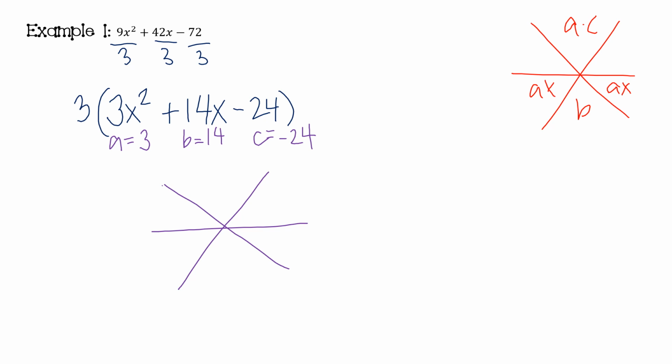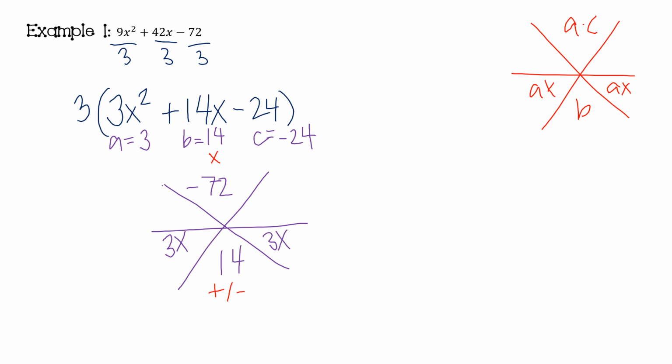For the top of the star, it would be 3 times negative 24, which is negative 72. B goes in the bottom, and then A times X goes underneath. So now it's what we've been practicing. Can we come up with two numbers that multiply to be negative 72 and either add or subtract to be 14?